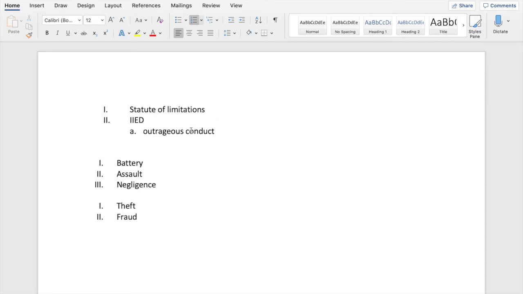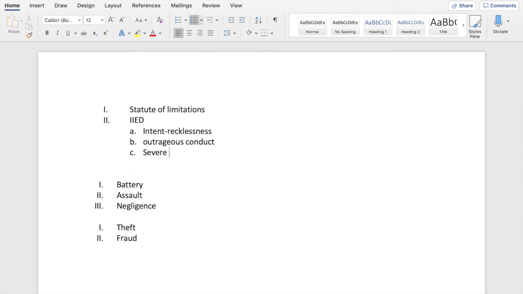Well, then you have multiple elements. You've got intent or recklessness. You've got outrageous conduct. You've got severe emotional distress and damages, all of which have to be met in order to satisfy a claim for IIED. So these are the four elements of IIED, and each would have to be met.